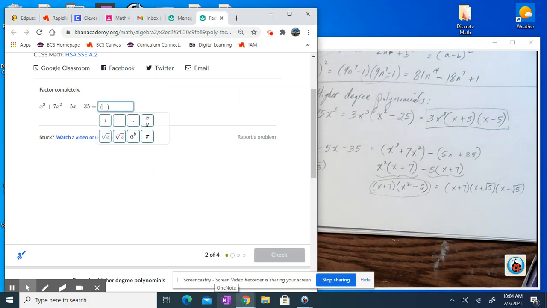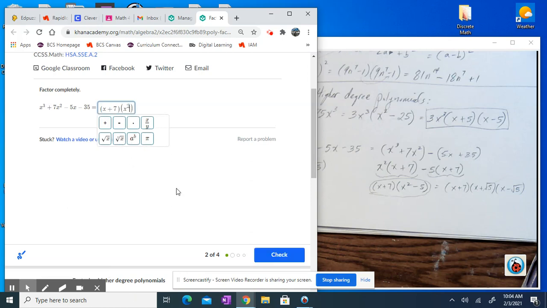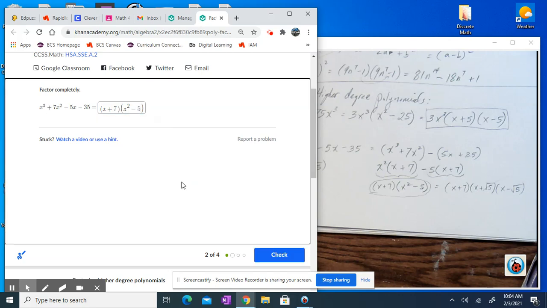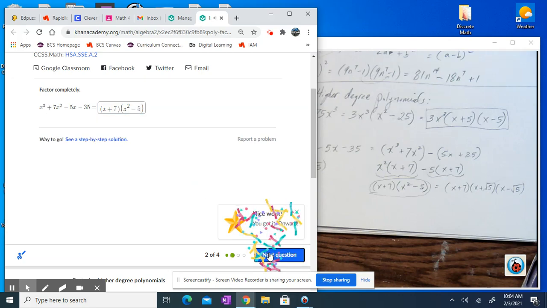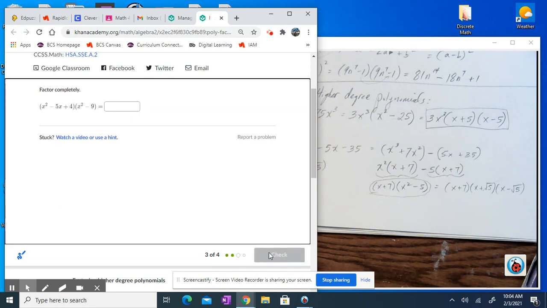So this is x plus 7 and x squared minus 5.